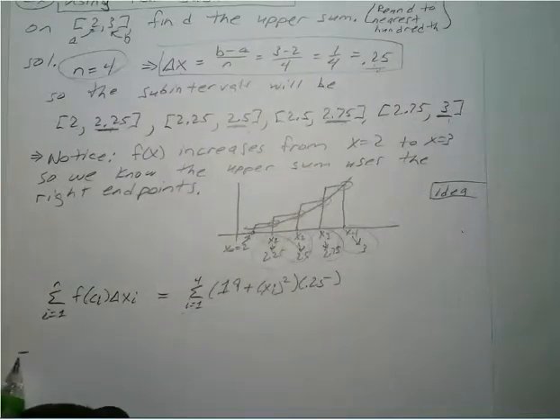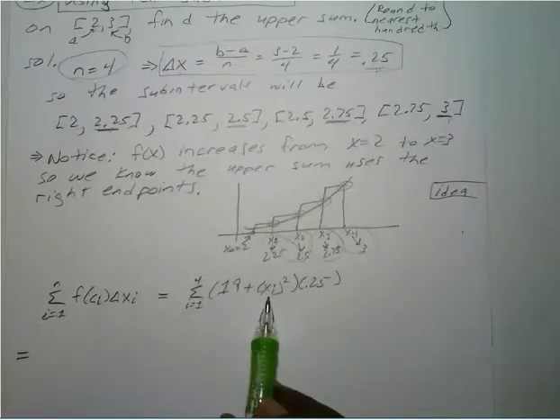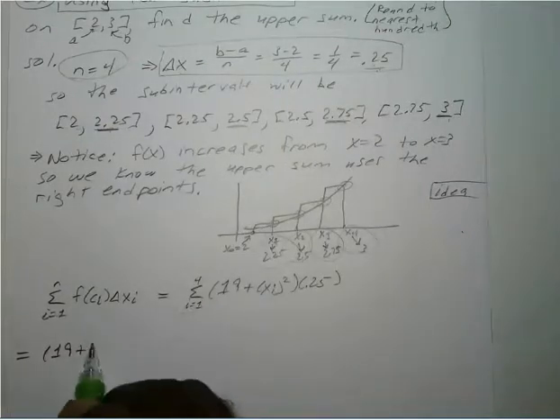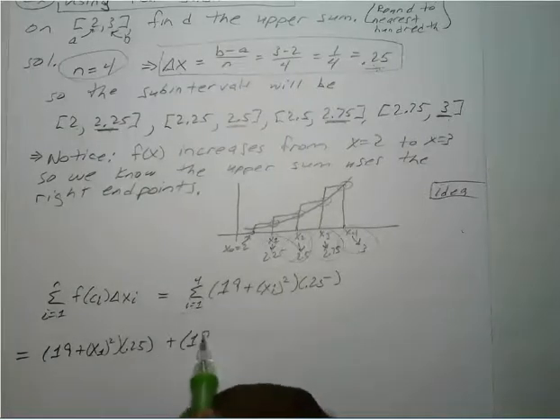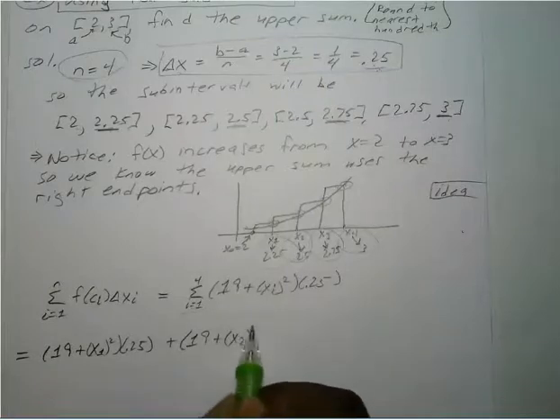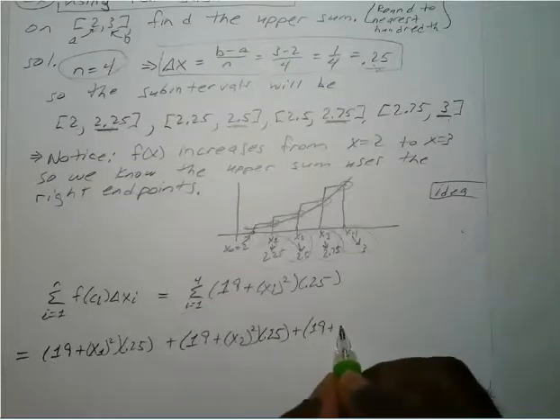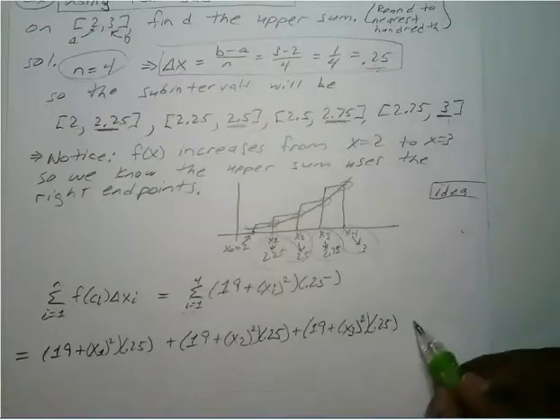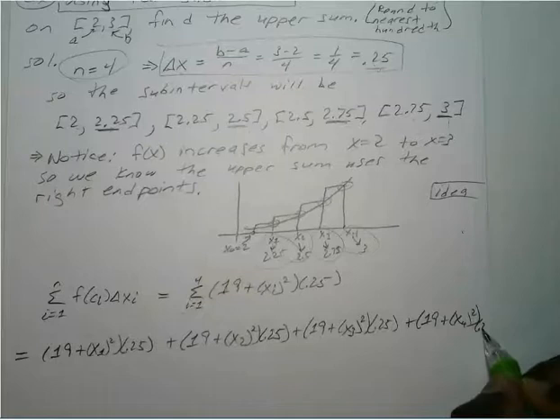So that's going to equal, just continuing this down here, 19 plus x sub 1 squared times 0.25, plus 19 plus x sub 2 squared times 0.25, plus 19 plus x sub 3 squared times 0.25, plus 19 plus x sub 4 squared times 0.25.